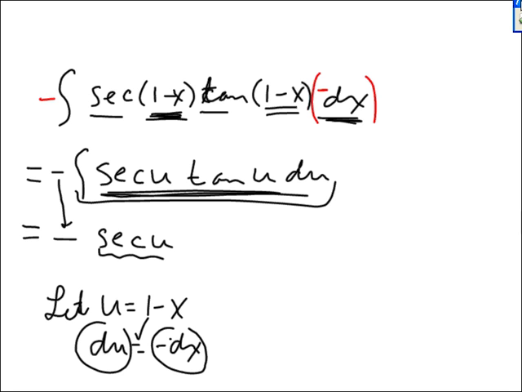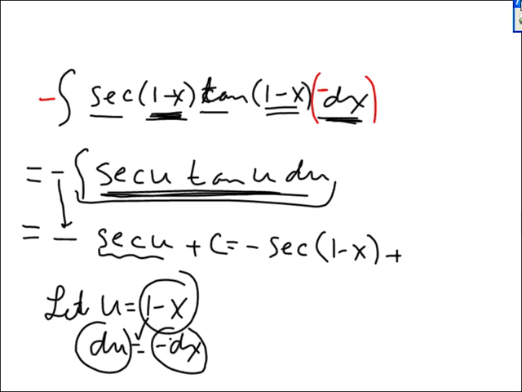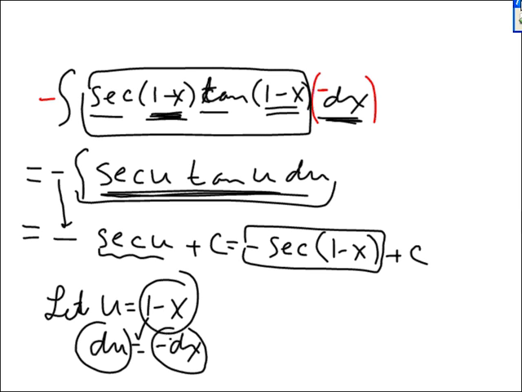Alright, and then we add plus c, and then we just substitute back. U is 1 minus x plus c. If you take the derivative of this, you will get this back. And if you don't, find your mistake.